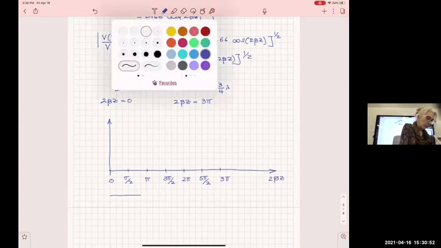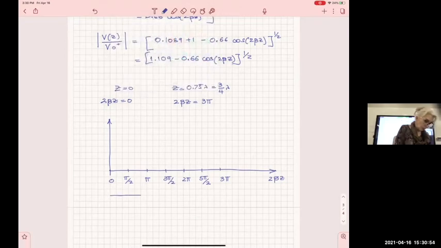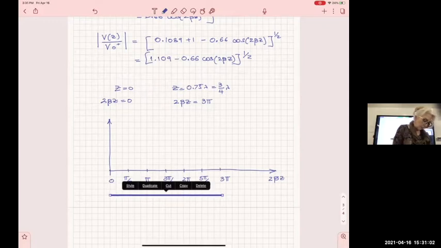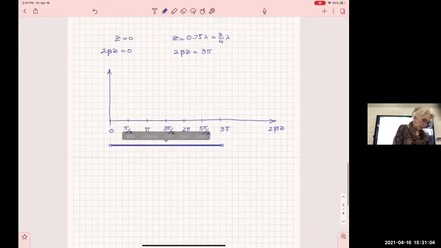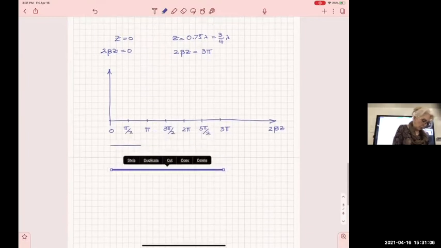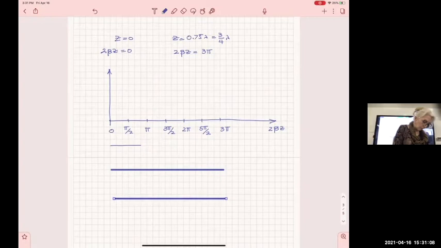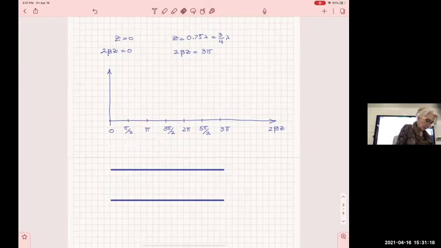So I can put it here so you can see it. Yeah, that is my line. And in fact, the line here, it's not only one, it is 2. So this is my line, as you can see. And I will plot the voltage there.